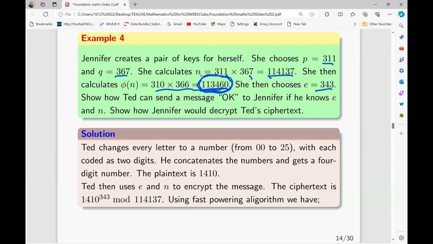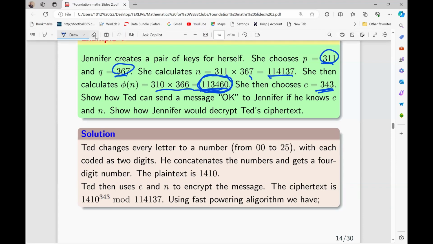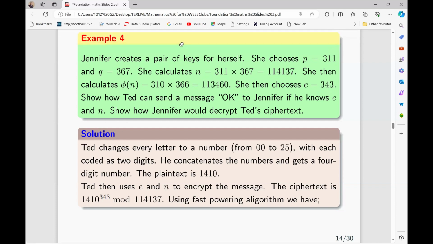She has decided to choose a bigger number. It's always good to choose these bigger numbers for security reasons. And even these prime numbers, this one is just a very small number. It's supposed to be very big, one that only a computer can work with. So that when you multiply those two, even a computer will not factorize that number. And if it was to do it, it is supposed to take ages to factorize.